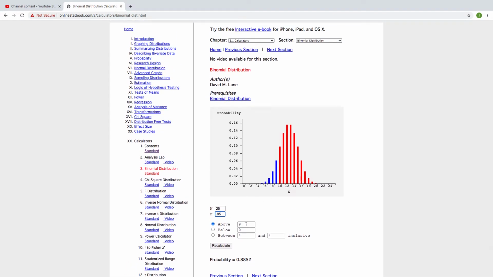And I want to calculate the probability that X... the probability is 0.05.